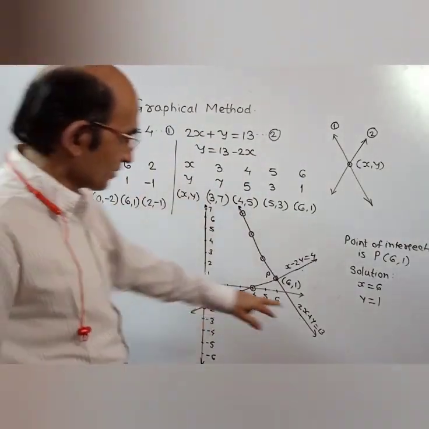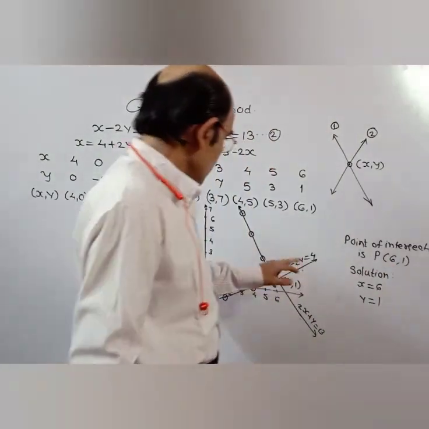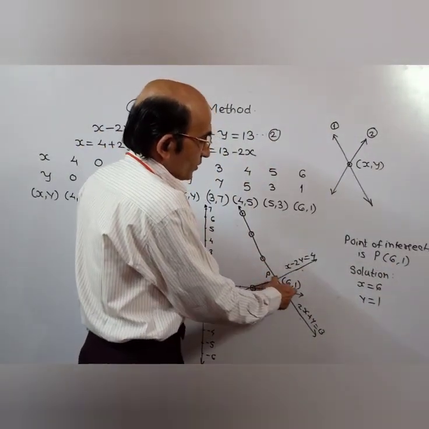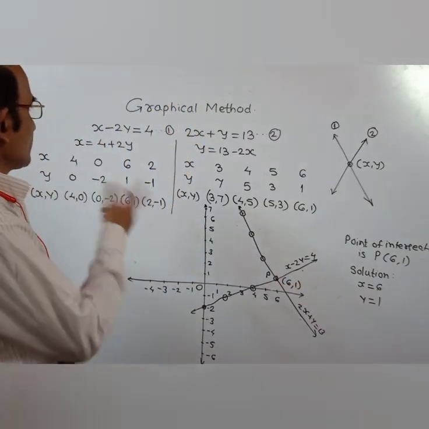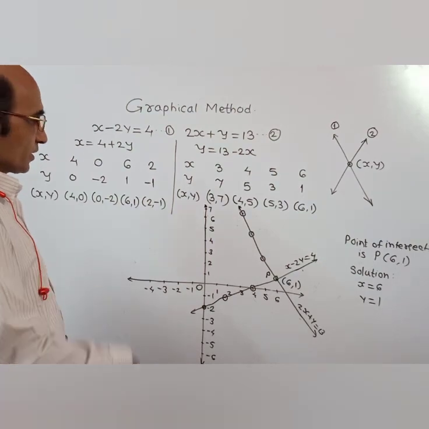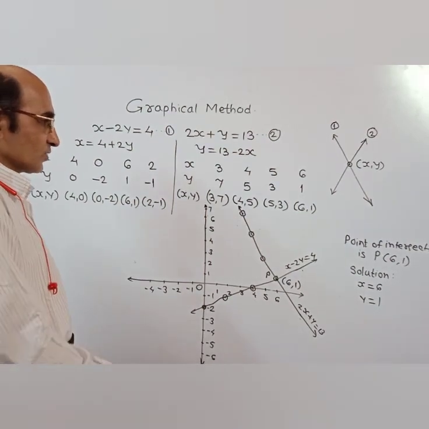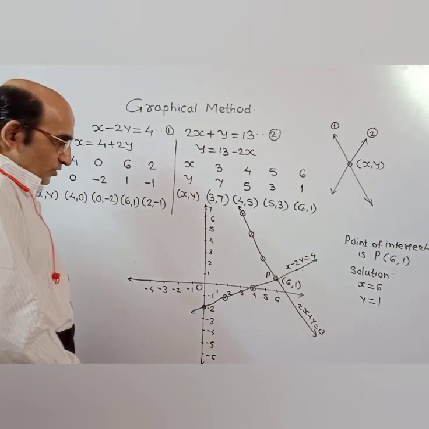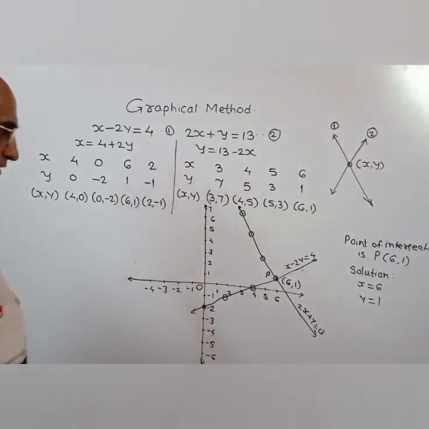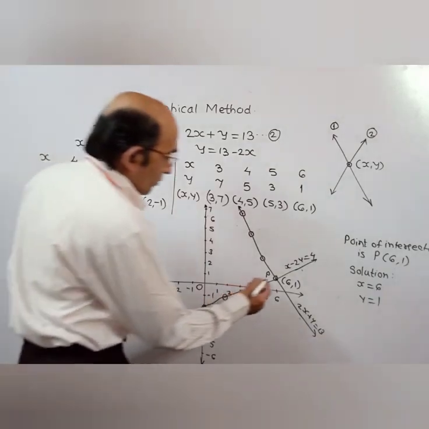If you get the same answer, then the solution indicated by the point 6, 1 is correct. If by either method of substitution or method of equating coefficients, we are getting another answer, then there may be some error or mistake in plotting the graphs of the straight lines.